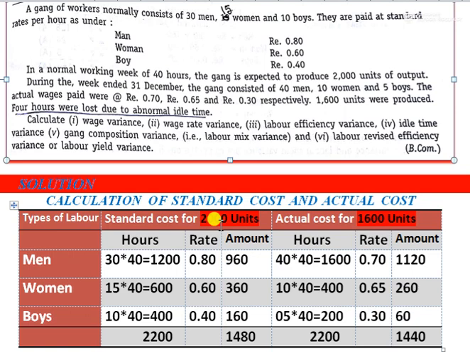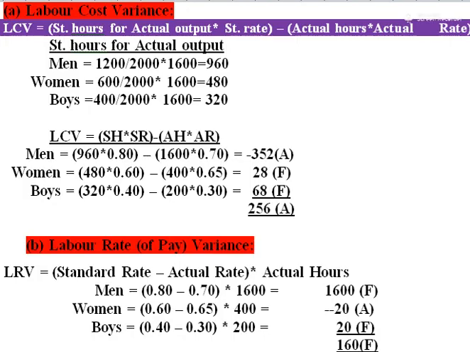Let's calculate the labor variances one by one. First one is labor cost variance. Labor cost variance is equal to standard hours for actual output into standard rate minus actual hours into actual rate. Okay, in this problem we need to calculate standard hours for actual output.